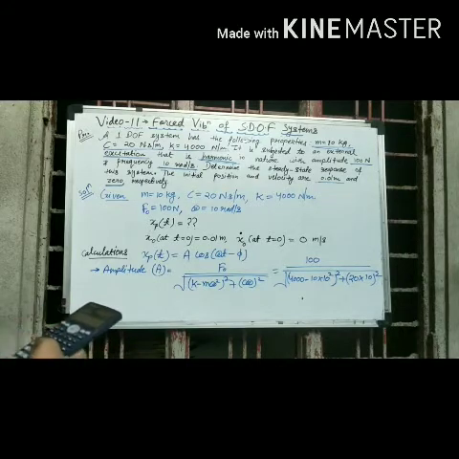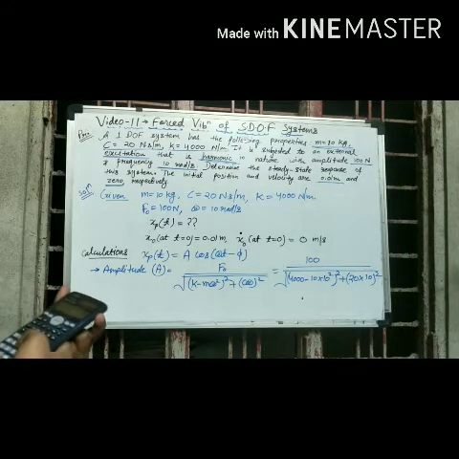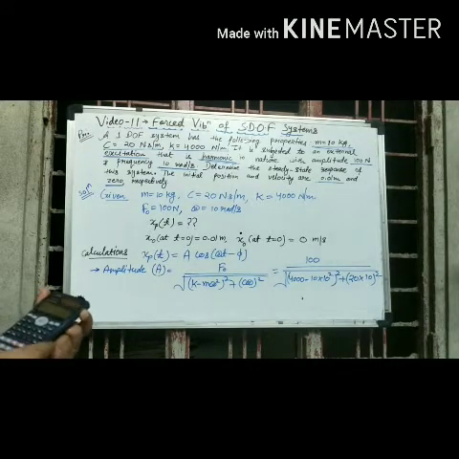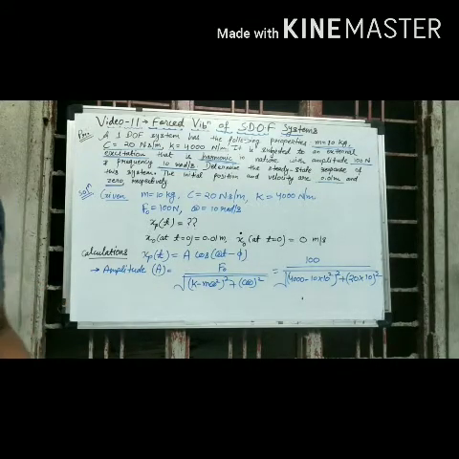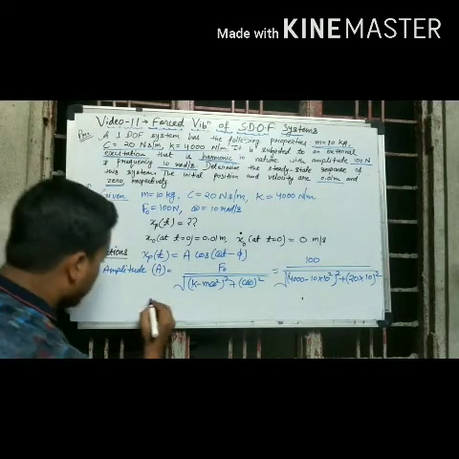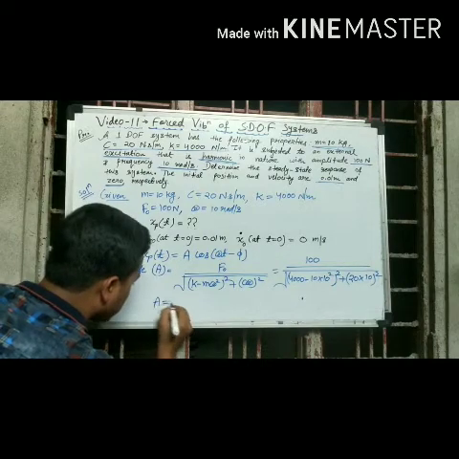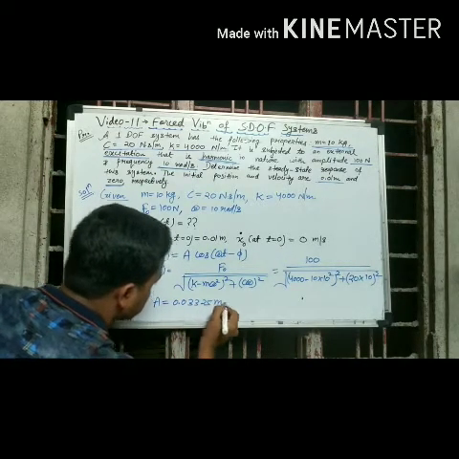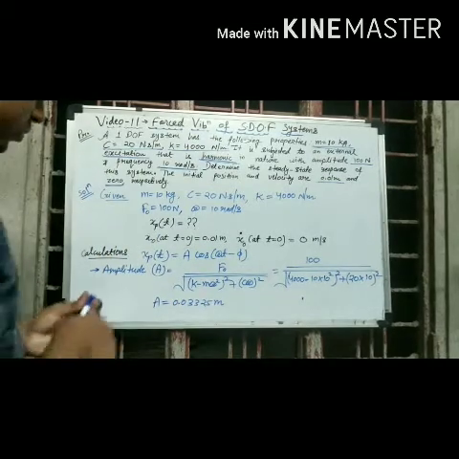Square root of this is 3006.65, divided by 100 and inverse of that. So the amplitude is coming to be 0.03325. Amplitude is 0.03325 meters. This is the amplitude.